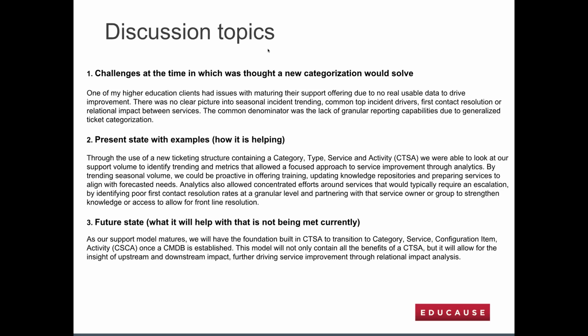Now many people use a CMDB, many people don't. So a configuration management database contains, of course, configuration items. And whenever you evolve to that level, in this model, you would actually replace type with service. So you're getting rid of the type because you no longer need it. You're still keeping the service, and then the next level you have the configuration item.